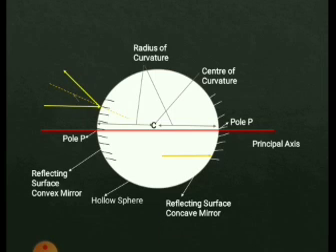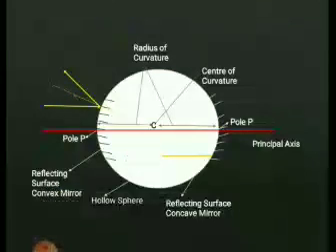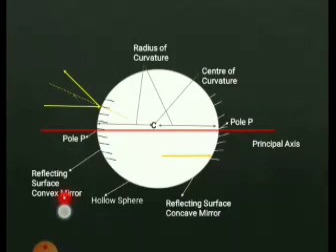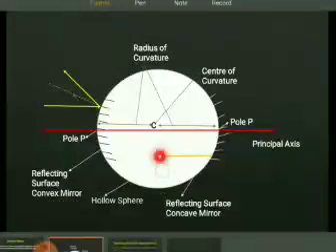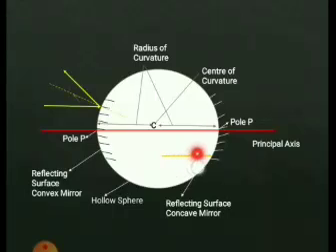Now, with the same emphasis, I am considering a ray of light for the concave mirror. Here I took an example of a convex mirror. Here I am taking an example of a concave mirror. A ray of light which is, suppose, flowing in this direction. Now, since this inside portion is a reflecting surface, after hitting this portion it will get reflected according to the law of reflection.